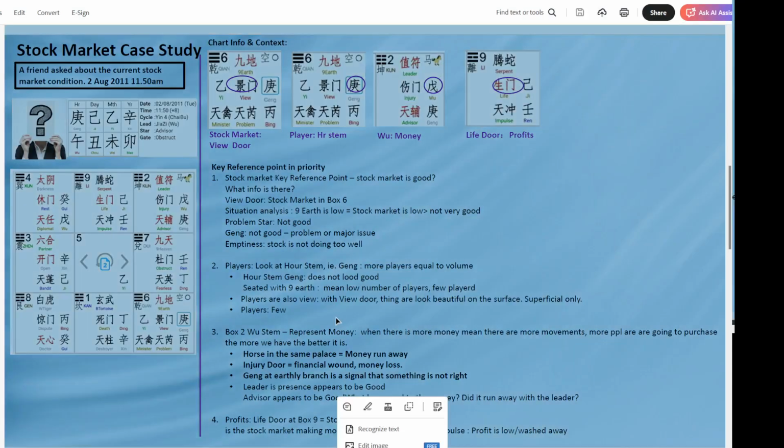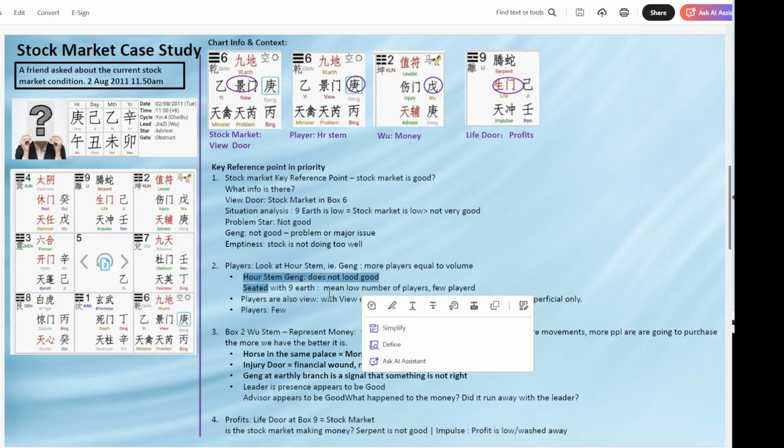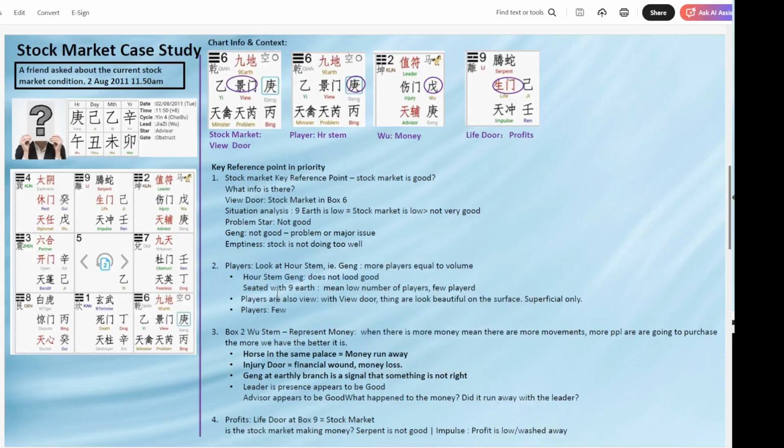But we see that the hour stamp is Geng itself, and it does not look good at all. It is seated with Nine Earth as well, because Geng is in the same box as the stock market. They are in box 6 as well.